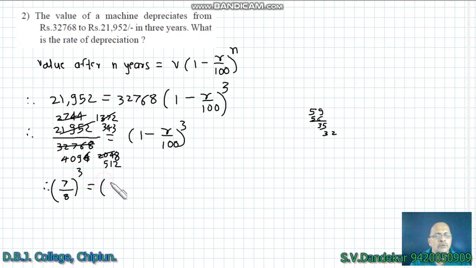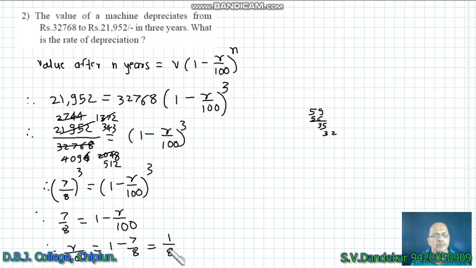So (7/8) cube is equal to (1 minus r by 100) cube, and therefore 7 by 8 is 1 minus r by 100, and therefore r by 100 is equal to 1 minus 7 by 8 equal to 1 by 8, and therefore r is equal to 100 upon 8 equal to 12.5. So the rate of depreciation is 12.5%.